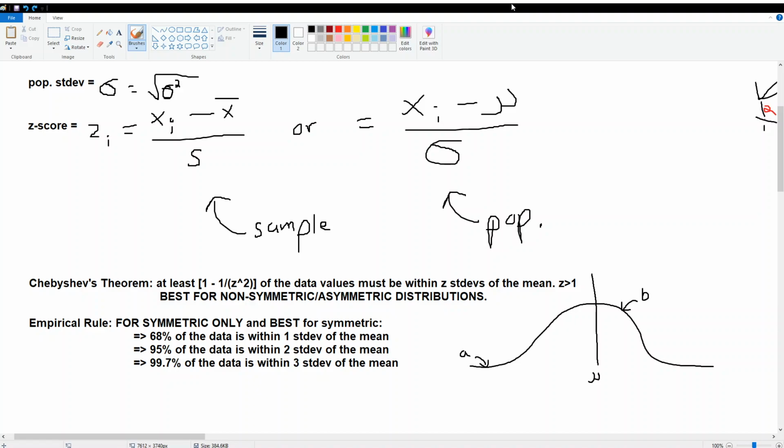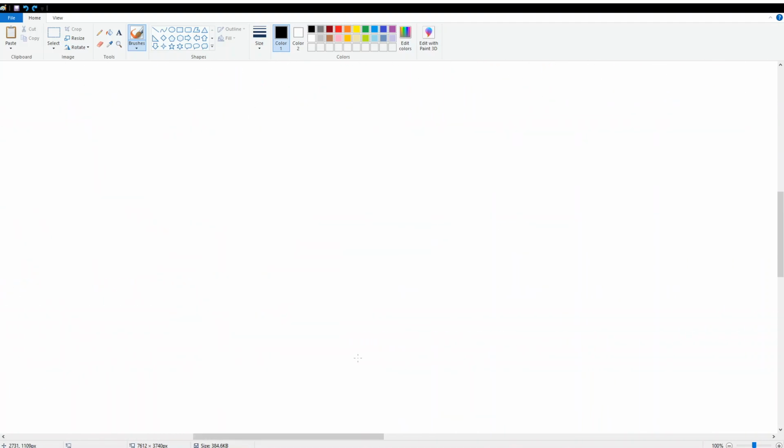And we have something called Chebyshev's theorem and the empirical rule for understanding these, but it would be more helpful if we actually looked at the 2 broad types of distributions. So here, we can call this a bell curve, but there are other names for it.